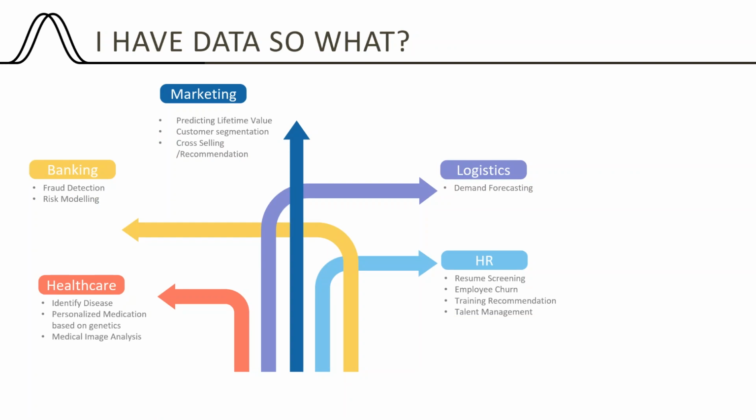Now we know data is the new oil, we know its importance and how everyone is fighting to get it. So once I have the data, what can I do? You can do lots of things. Every industry needs data. Take healthcare: you can identify diseases if you have new data.